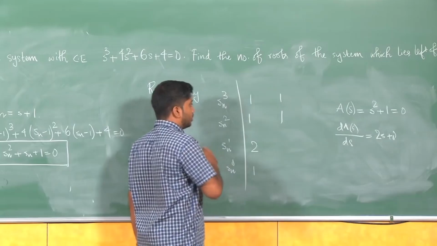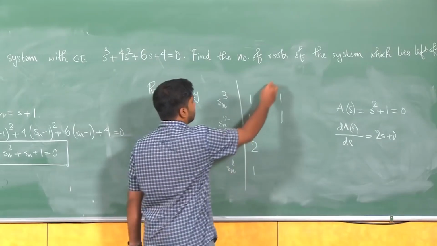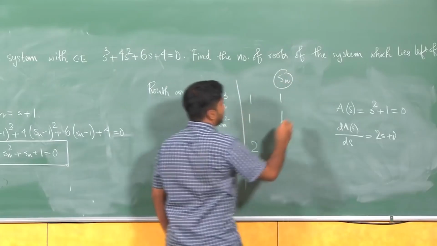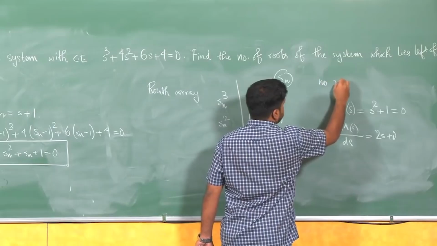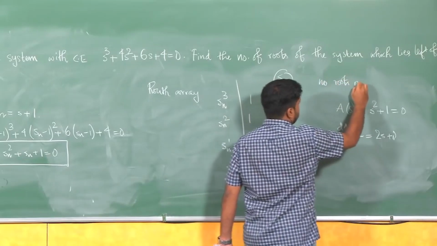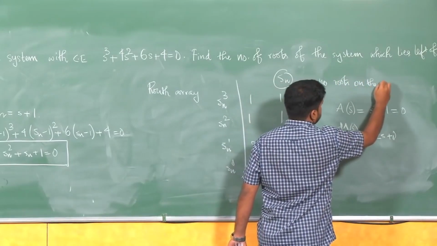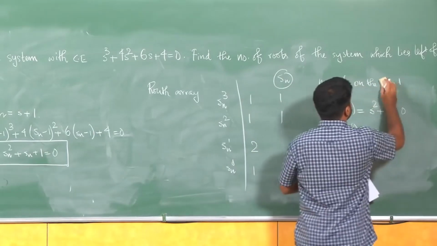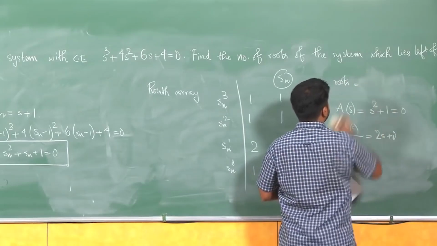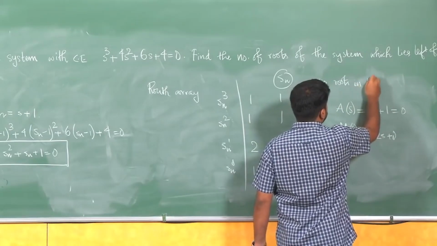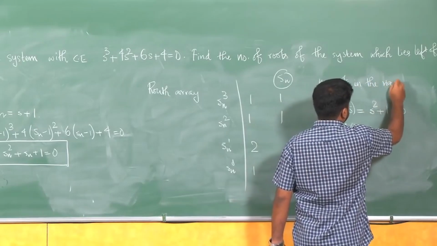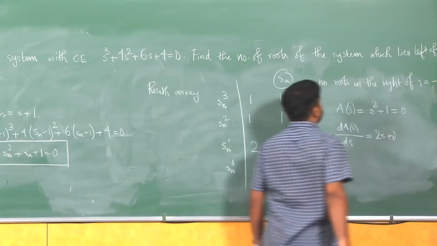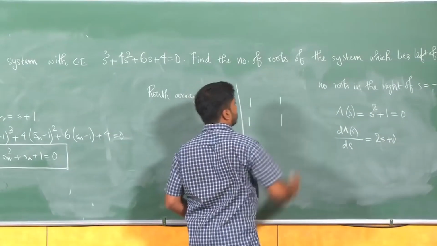So, there are no roots on the right hand side of Sn, there are no roots on the right of S equal to minus 1. Okay.